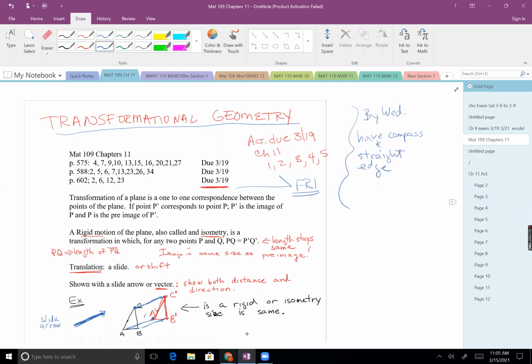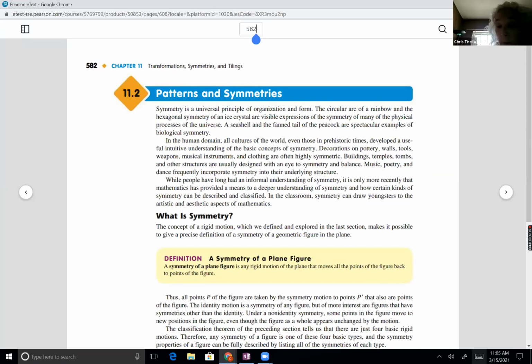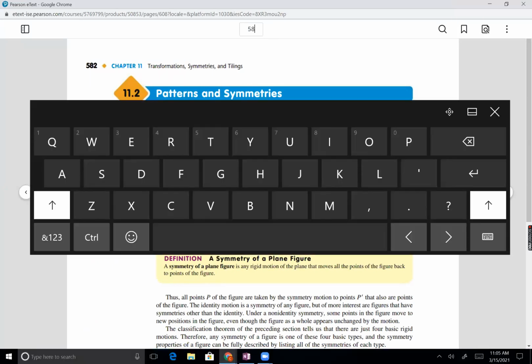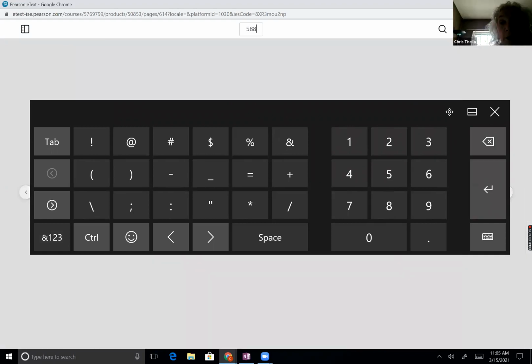On page 588, for number 2 and 5, do we have to draw them out and divide them? Let's look at those questions, because I have to apologize. I did make the answer key a while ago and I don't remember exactly what they were.